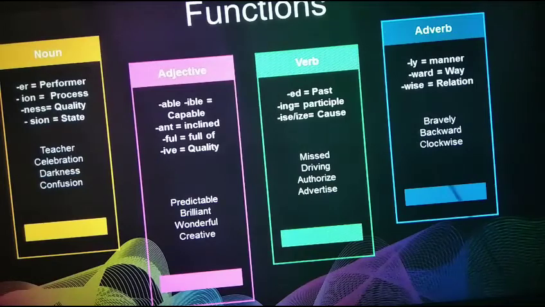For example, bravely indicates the manner of something that is being done in a very brave way. We have backward, which is a direction, in this case going back, and we have clockwise, that is something done in relation to a clock. In this case, it is also a direction, the direction of a clock.